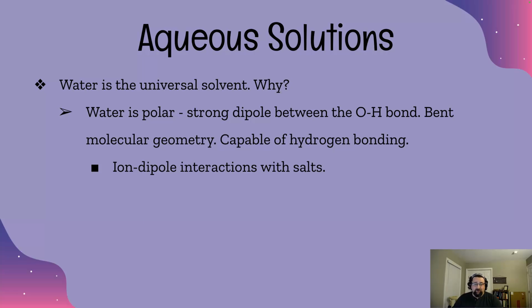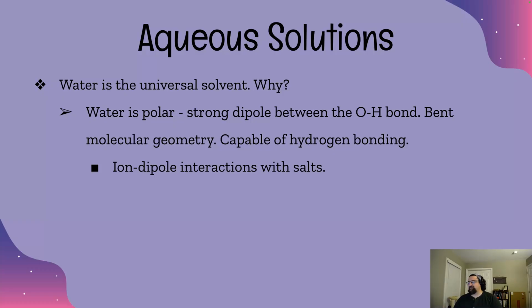We said that the slightly positive charge of the hydrogens is going to grab onto the negative chloride. The slightly negative oxygen is going to grab onto the positive sodium.